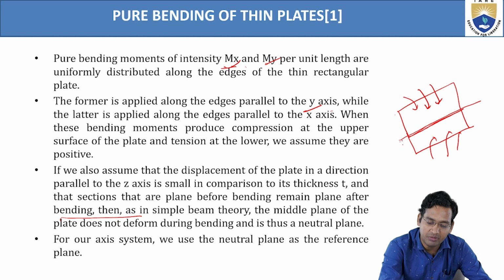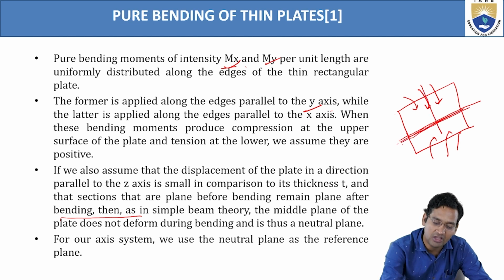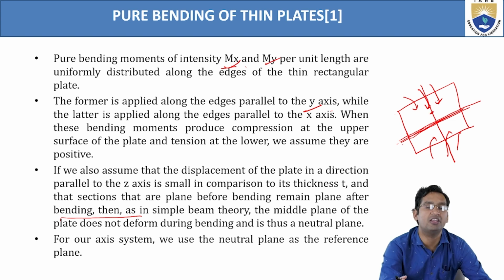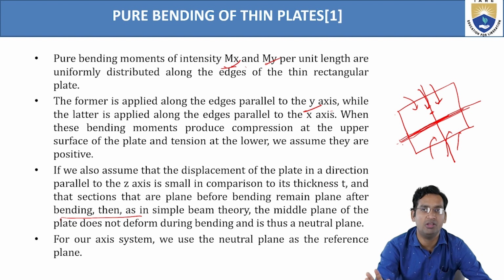So this plane, from either side, will be the neutral plane, which experiences neither tension nor compression. It means that plane remains plane before the bending and after the bending. When we didn't apply the bending moment it's straight, and even after applying the bending moment that remains plane or straight.